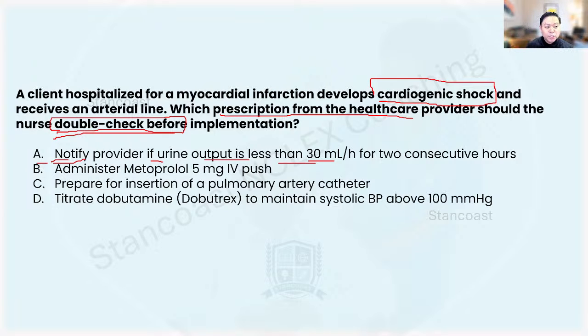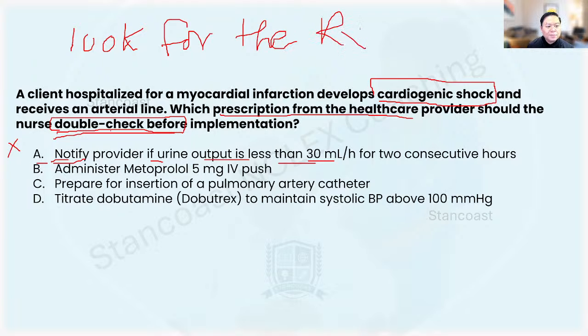This is a good order. So we are eliminating that because we are looking for the order that can cause harm to the patient. So let me just put it here. What are you looking for? Look for the prescription, let me just put RX there, that can harm the patient.